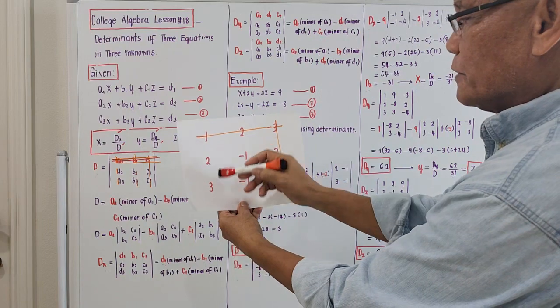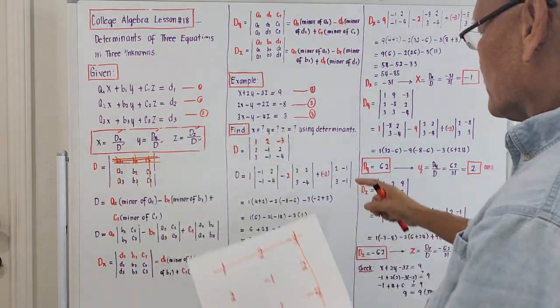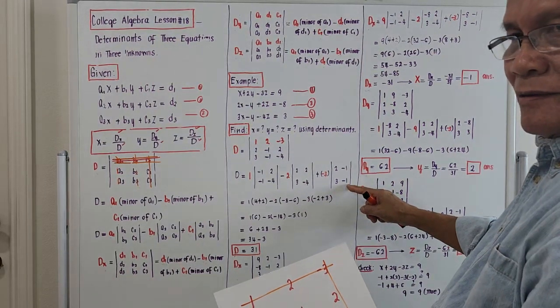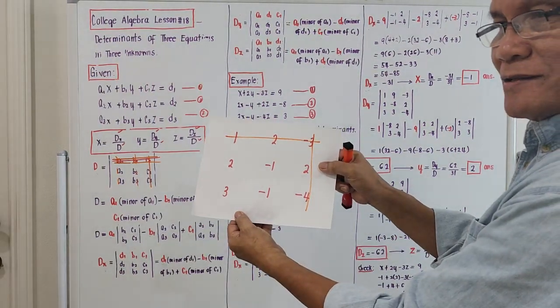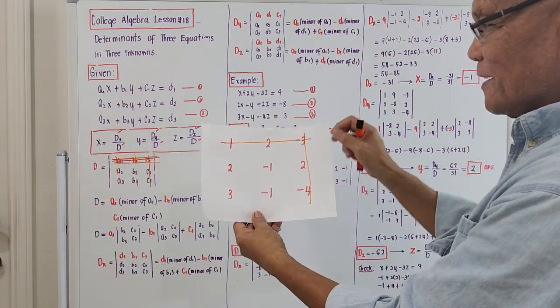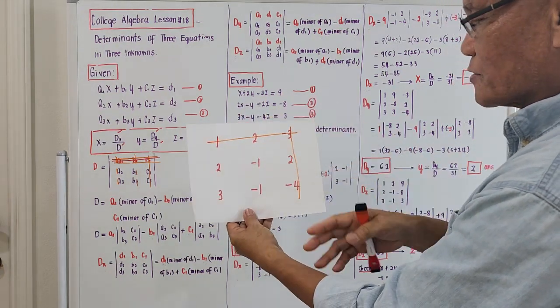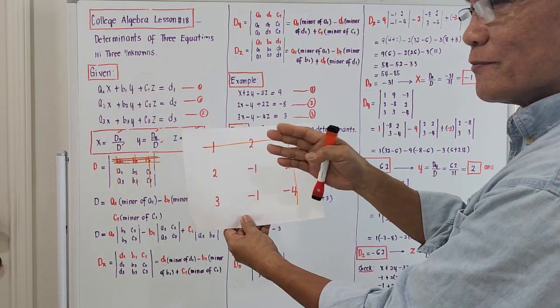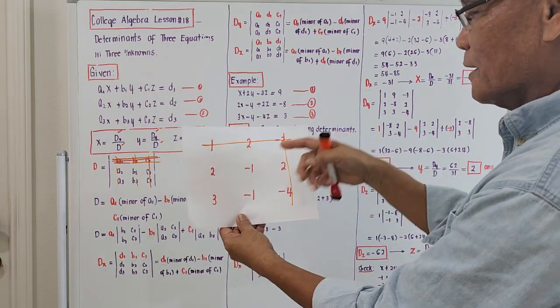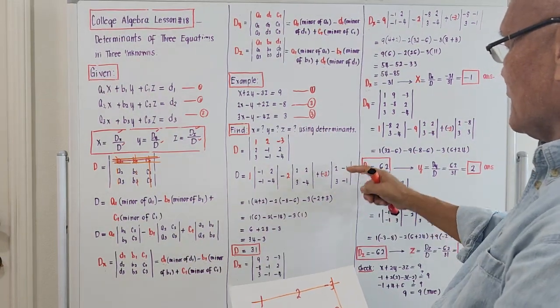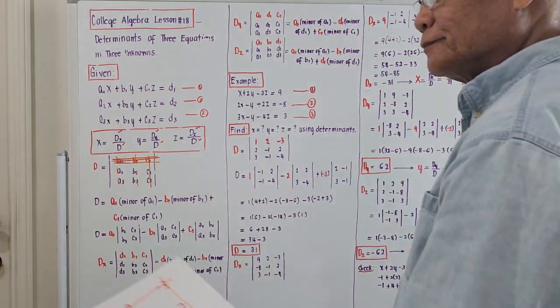It should be 2 and 3, negative 1 and negative 1. You cross out this row, you cross out this column. What remains should be the elements inside the matrix of the minor of negative 3: 2 and 3, negative 1, negative 1.